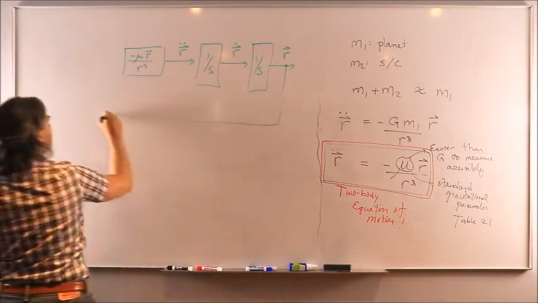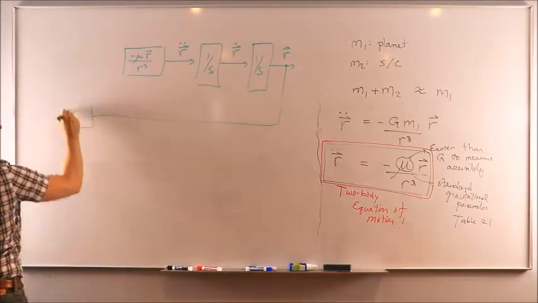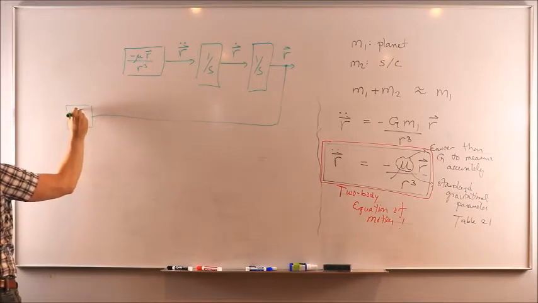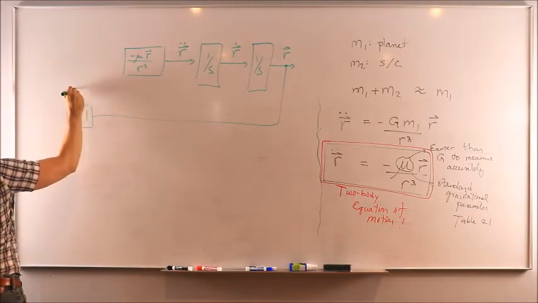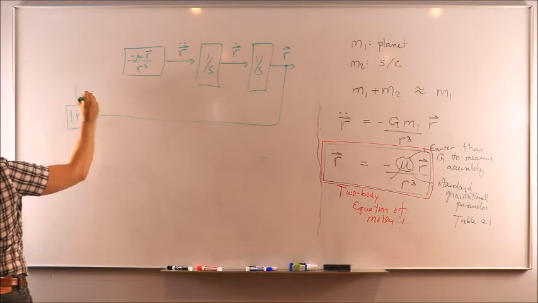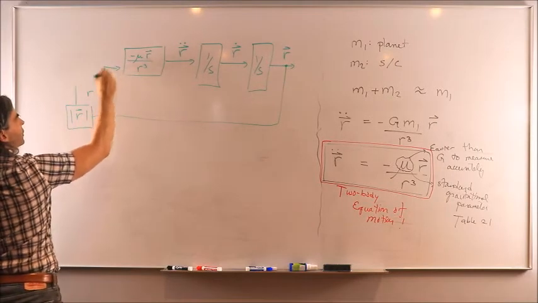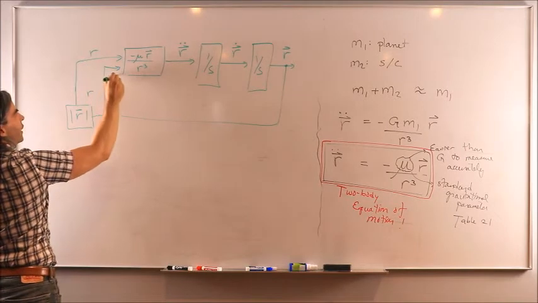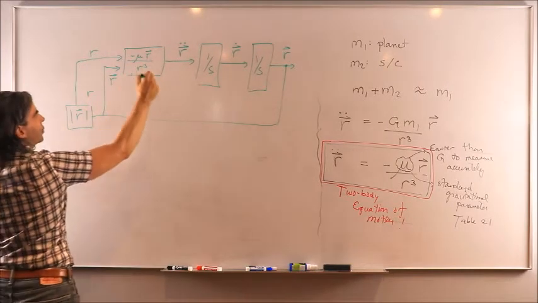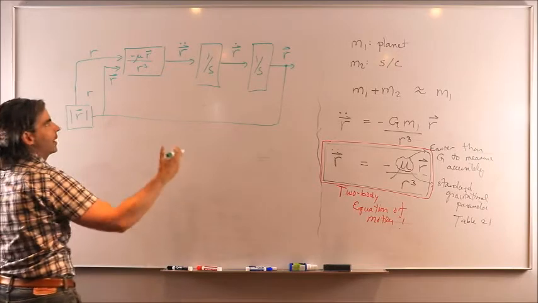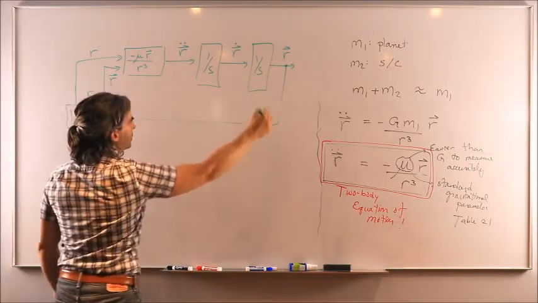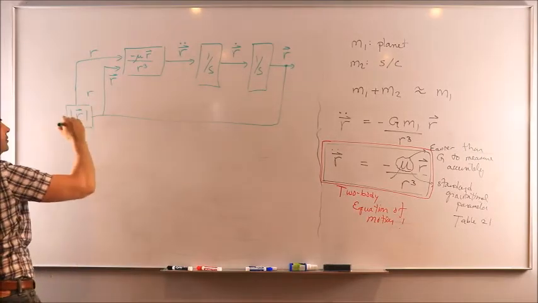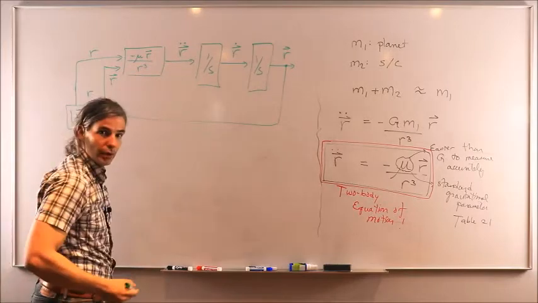And here you could have a box that takes the norm of this vector, spits out the distance, and then you feed both the distance and the position vector inside this block. Recalculate the new acceleration 1 time step ahead, integrate again twice, get the new position vector, get the new distance, feed this back, and so on and so on.